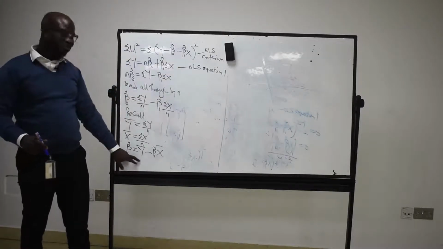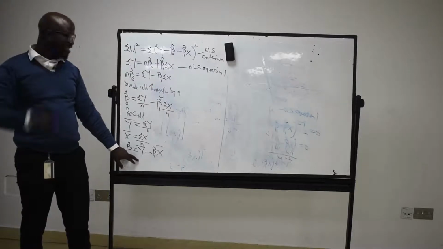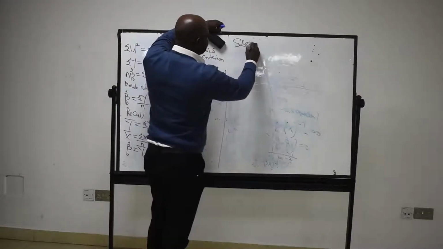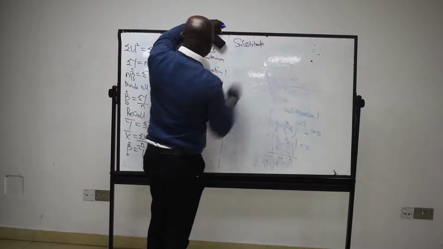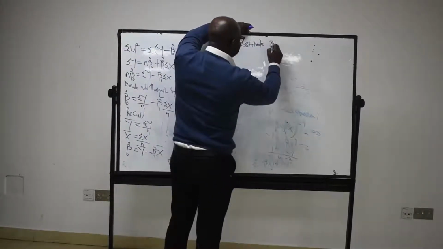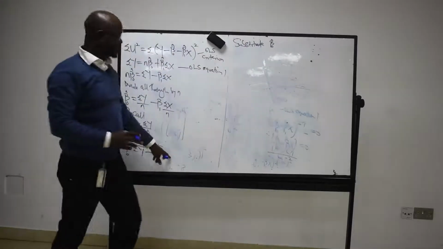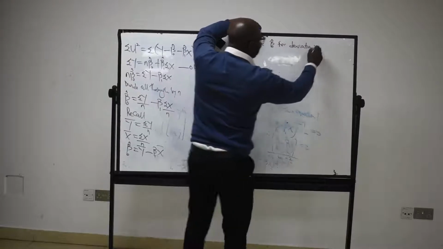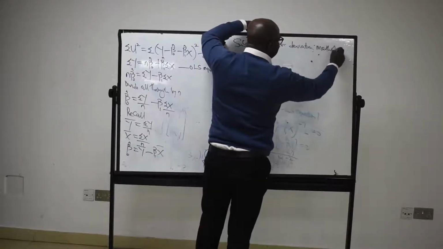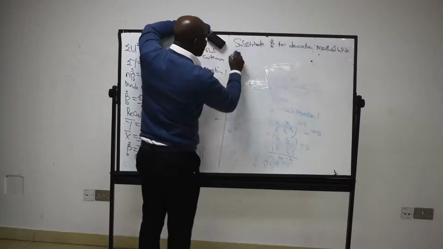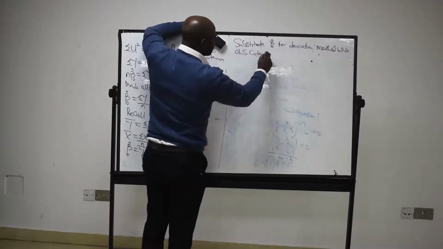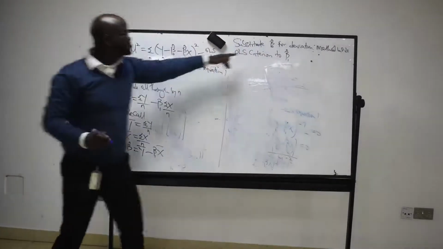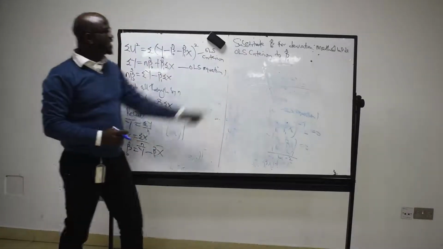We have to substitute the derivation method for beta naught inside the OLS criterion, that is, substitute beta naught cap for derivation inside the OLS criterion to get beta 1 cap.